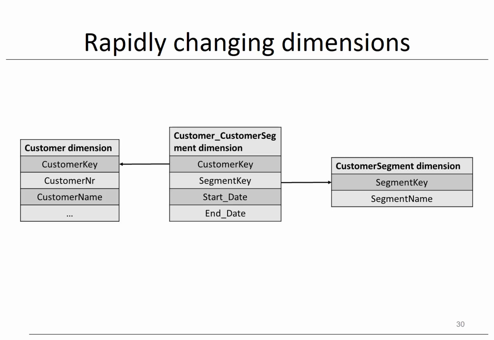Another alternative to connect both tables is by introducing an additional table, customer segment, which includes both surrogate keys, together with the start date and end date attribute types, as you can see here. Whenever a customer segment needs to be updated, a new row can be added to the customer segment dimension table, essentially leaving all other tables unaffected.